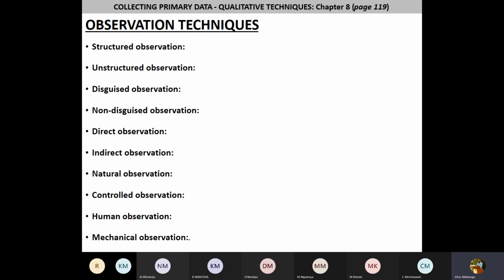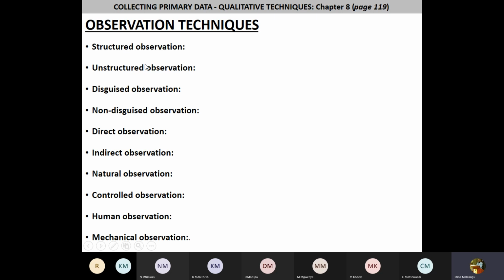The important part is that we don't communicate with the respondents directly there, which means actually there is no direct communication at all. So with the observation, we've got techniques, and then these techniques they are on page 161.